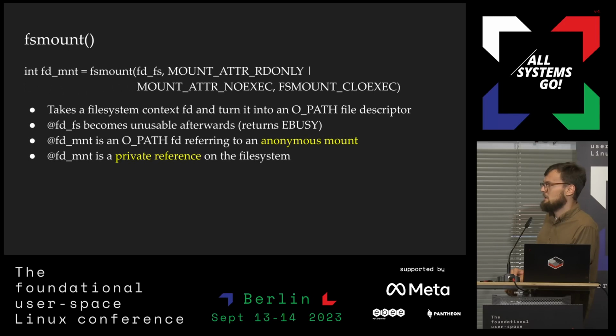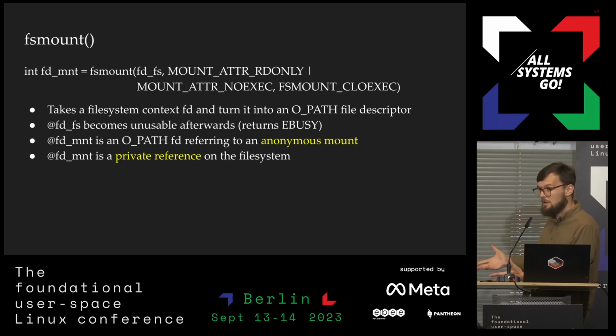But in this case, we're dealing with a special type of mount. We're dealing with what we call an anonymous mount. An anonymous mount doesn't have any type of mount namespace attached to it because it's never been made visible in the file system hierarchy. It's an opaque handle. So it's an anonymous mount namespace in the sense that it's not visible in the file system hierarchy. And it's a private reference for the same reason.